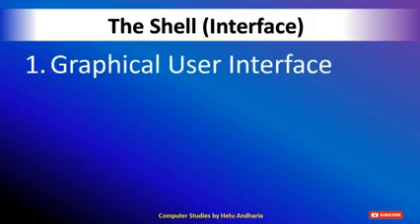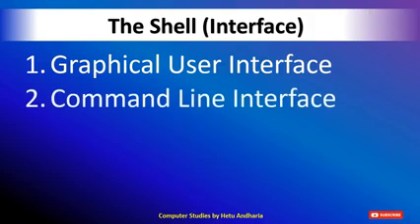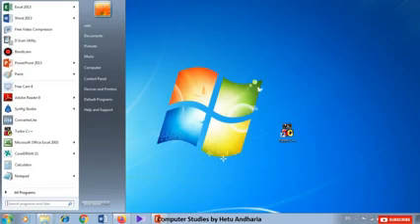Now there are two types of interface: graphical user interface and command line interface. So first we will have a look at graphical user interface, which we all are familiar with. This is the screenshot of Windows 7, right? Like this way it looks. Internally everything is stored in the form of zeros and ones, but here you can see the windows like this way. You can click on the start menu, you can open any program, you can do any work, you can double click on any icon, all these things.